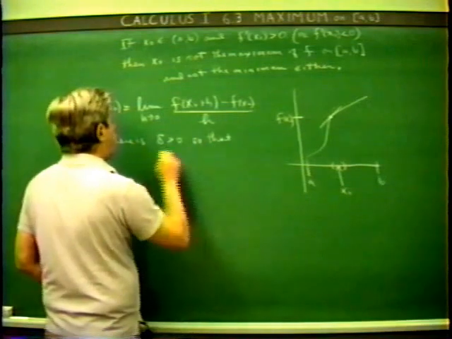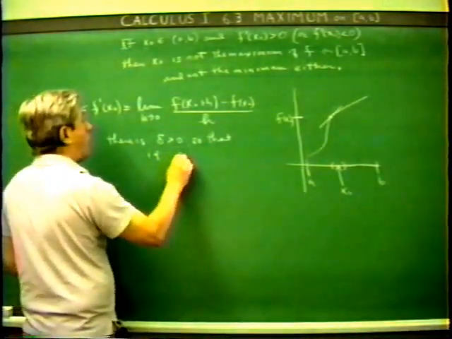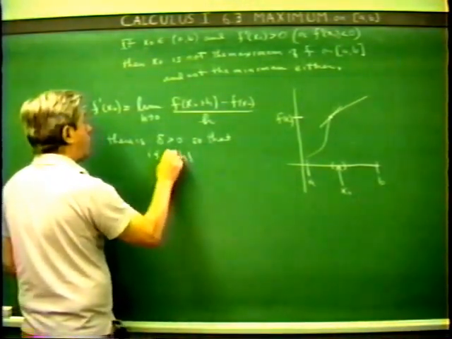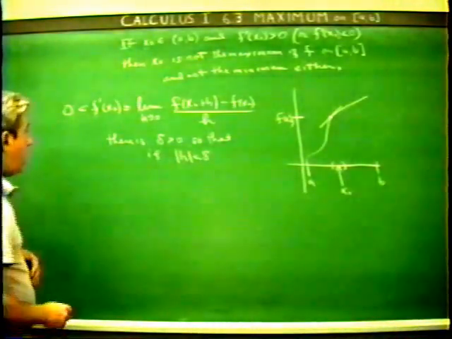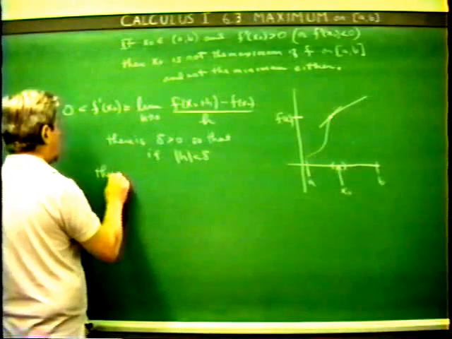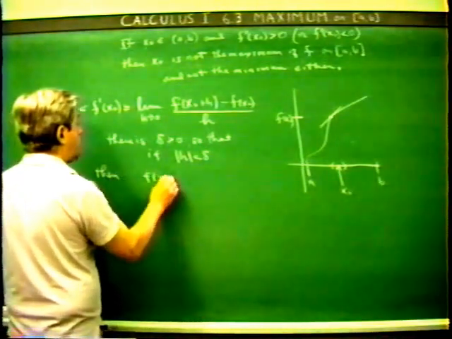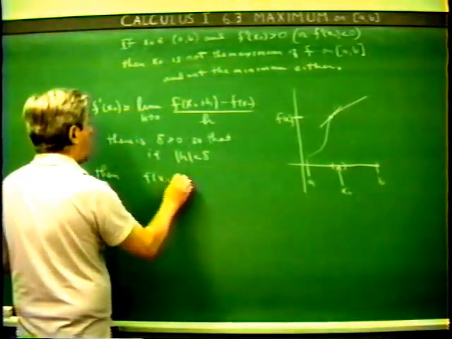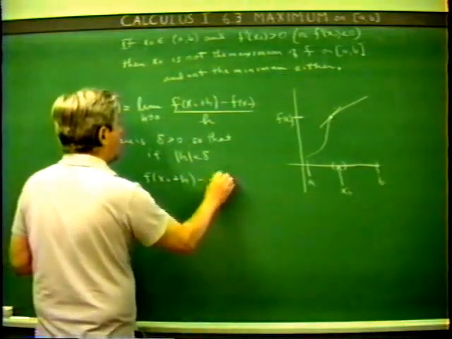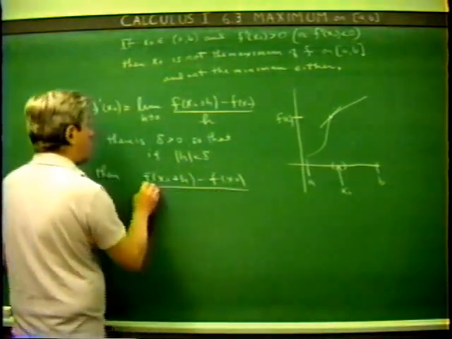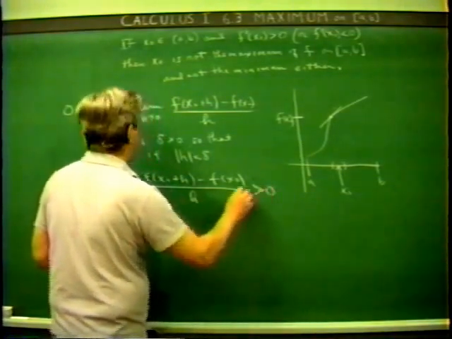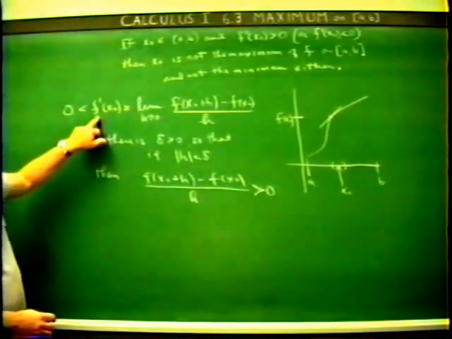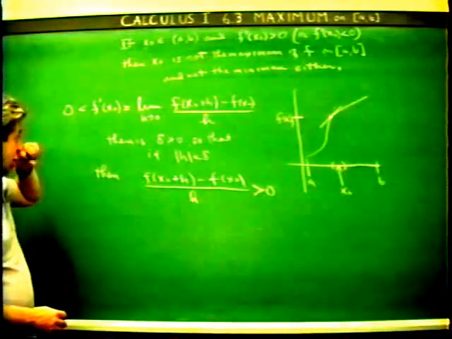So this is so that if h is in absolute value less than delta, then f of x naught plus h minus f of x naught over h is greater than 0, because this is its limit and it's a quantity which is greater than 0.